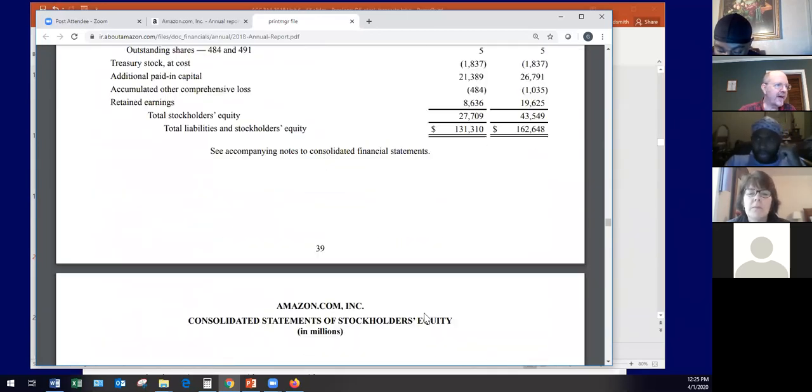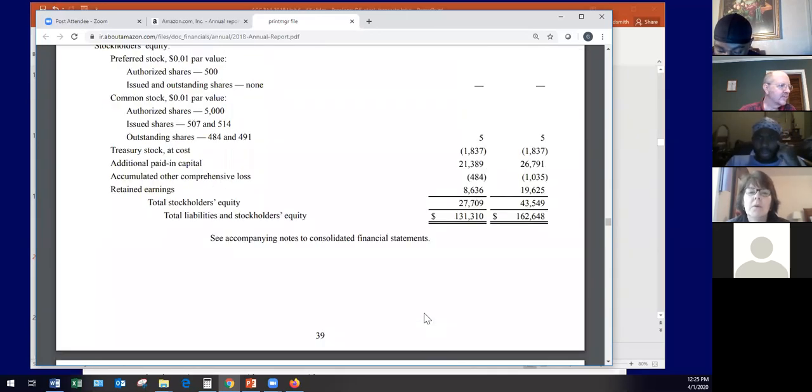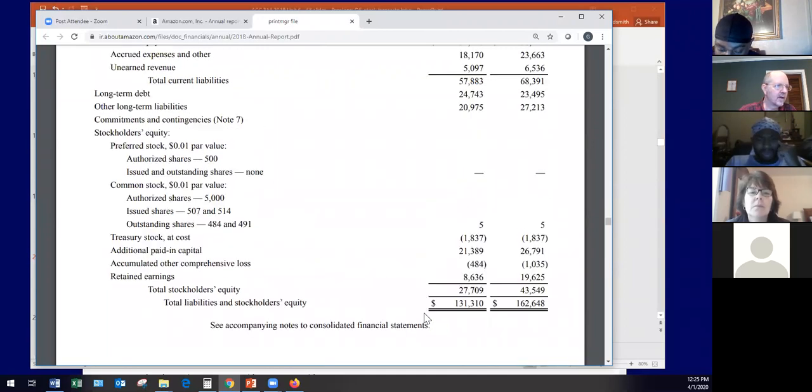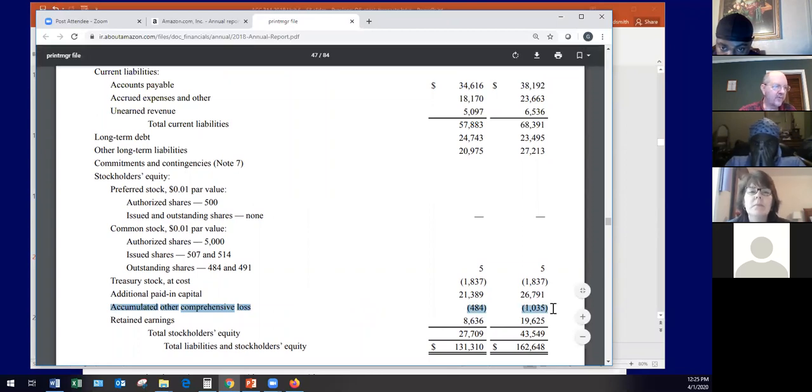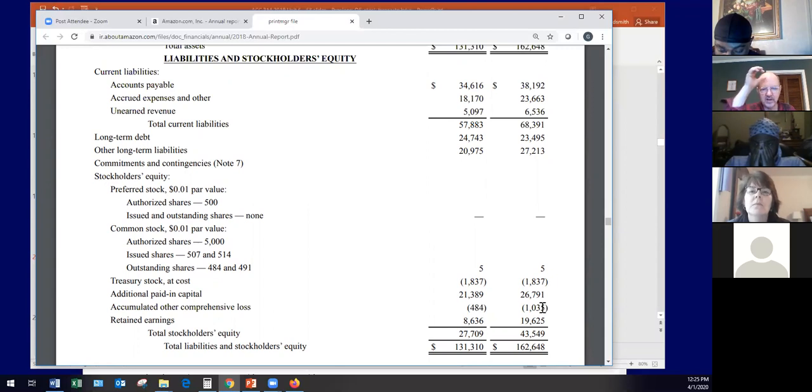So now we go to the balance sheet. And on the balance sheet, we see that the ending balance this year for accumulated other comprehensive loss is the $1.035 billion. So actually, what we've seen here is that all four of these financial statements fit together. They call that articulating.